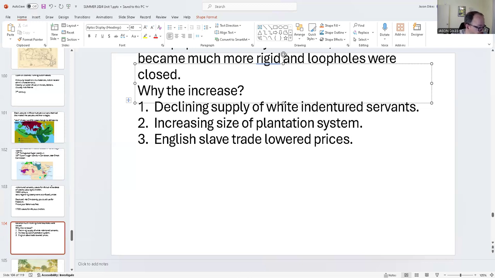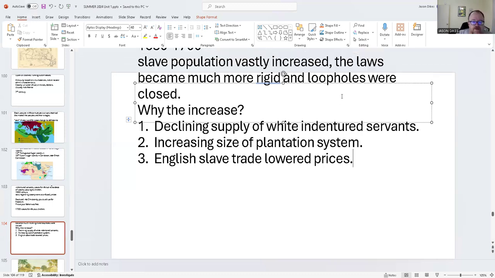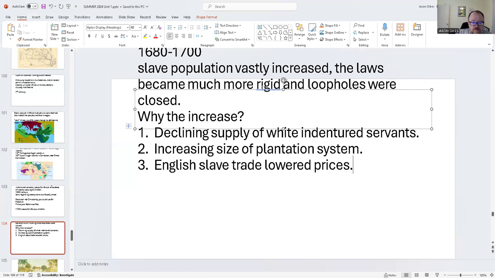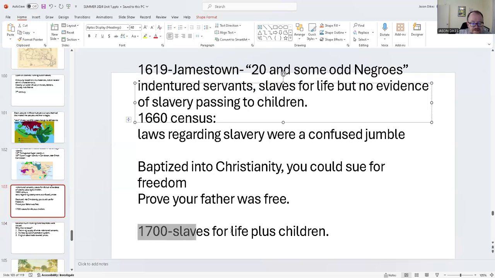The English will get into the slave system and begin bringing them over, and that will lower prices. And as more and more came in, the laws became much more rigid about slavery. The loopholes began to be closed. And so again, by 1700, it was slaves for life plus the children.